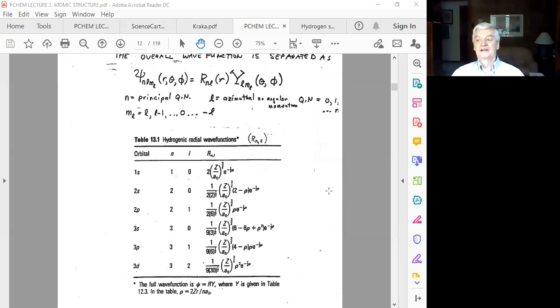If you want to find the maxima or minima in a probability function, the probability function is psi star psi, which is usually psi squared. You take the first derivative of it, and that will give you the maxima and minima. So some will be nodes where the probability is 0, the other will be maxima.